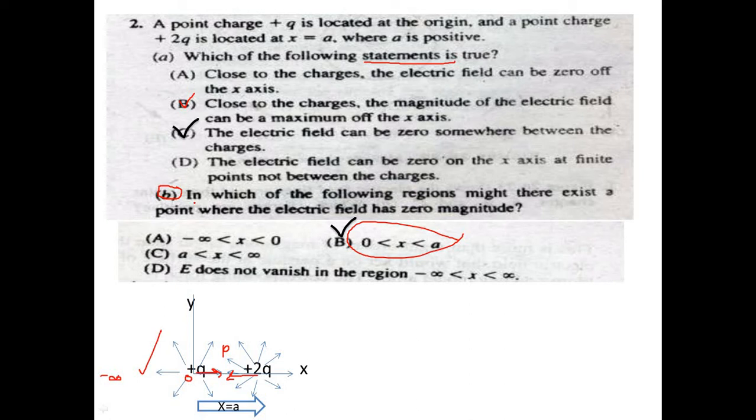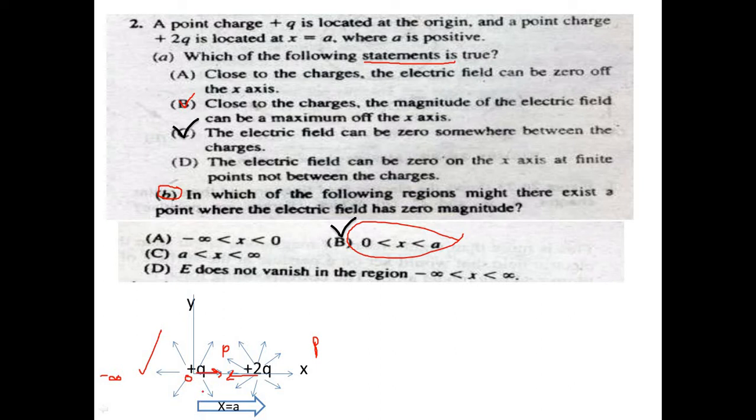Okay, next option is option C. A is less than x is less than infinity. So at this point there could be anywhere, and here you can see, as you have already seen, that both electric fields are supporting each other, so it is not possible that the electric field could be 0 here.